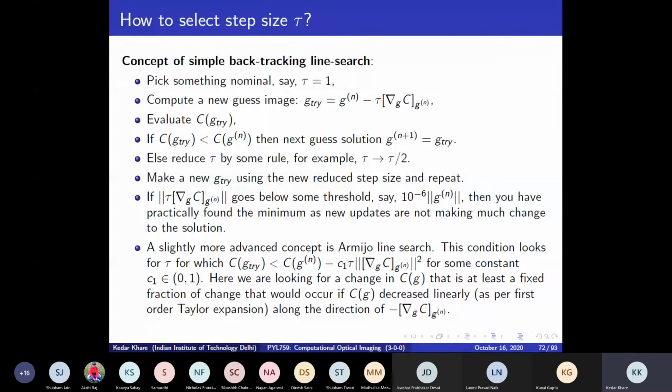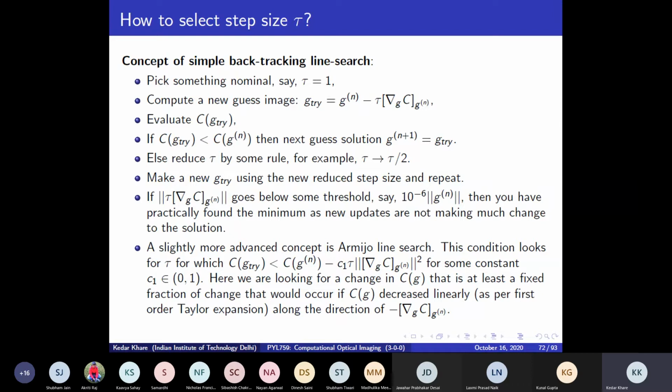And when you find the step size where the cost function is indeed reducing, then you use that G trie as your next guess. At this next guess, you can again compute the gradient and repeat this process, and from Gn plus 1, you can get Gn plus 2 and so on. And you can decide a stopping criterion, and if it is met, then you can stop your iteration.